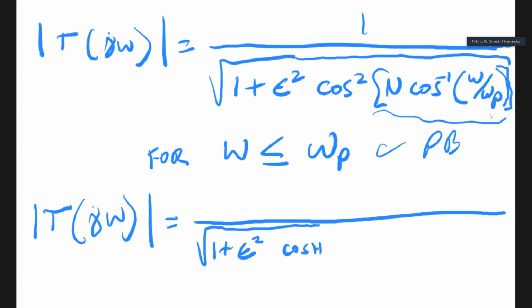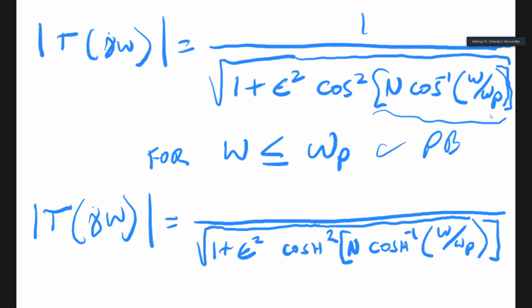So notice that this is hyperbolic cosine, inverse hyperbolic cosine of omega over the cutoff frequency, and then the square root covers all of this, and that's a denominator of the fraction with 1 in the numerator.